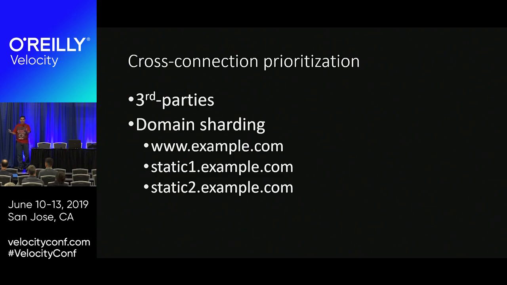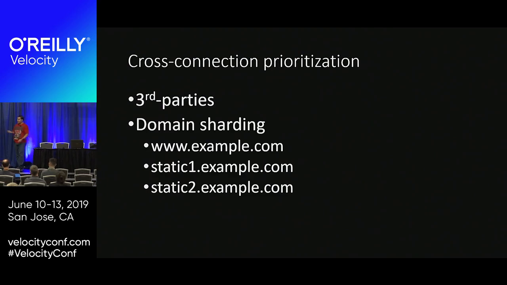HTTP2 can only prioritize resources within the one connection that it knows about. Once you cross multiple connections, each connection prioritizes independently. Across both connections, there is no prioritization. The network sorts it out.